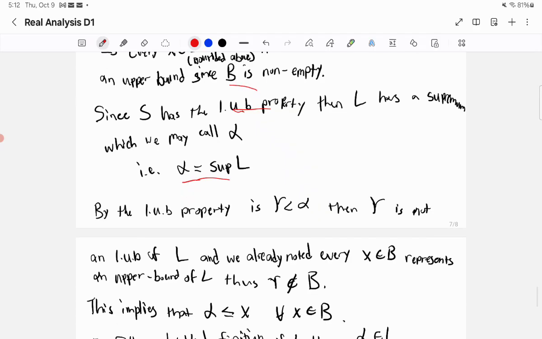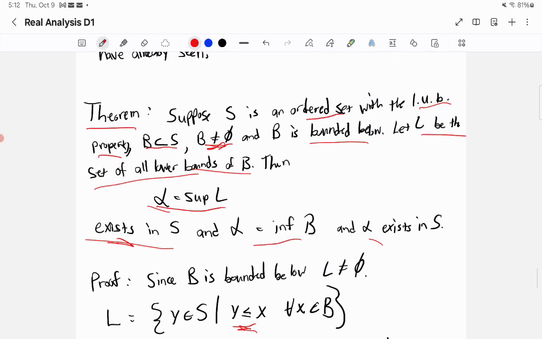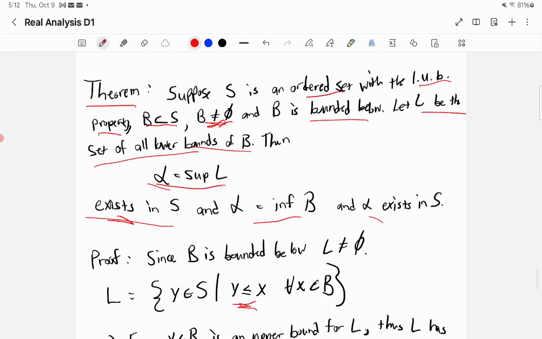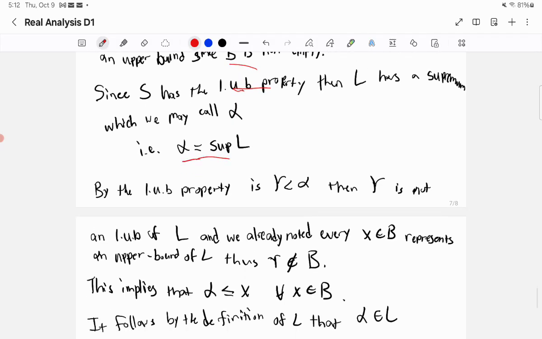Now, the next part that we want to prove, we want to show, WTS is what we'll often use in that case, we want to show now that also alpha is the greatest lower bound of B. Okay, so this is a little less trivial, although it's fairly straightforward to prove.